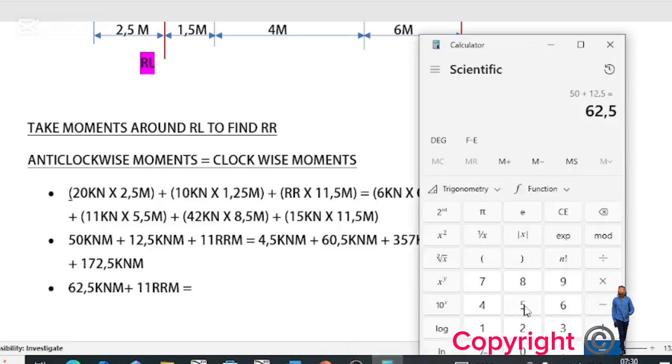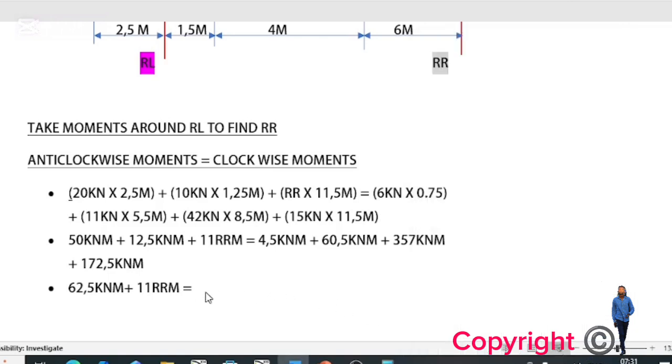Let me add this one: 4,5 plus 60,5 plus 357 plus 172,5 equals 594,5.